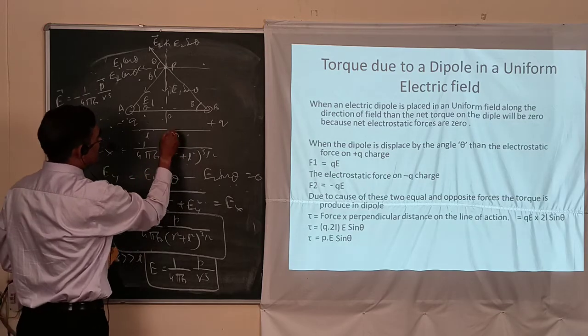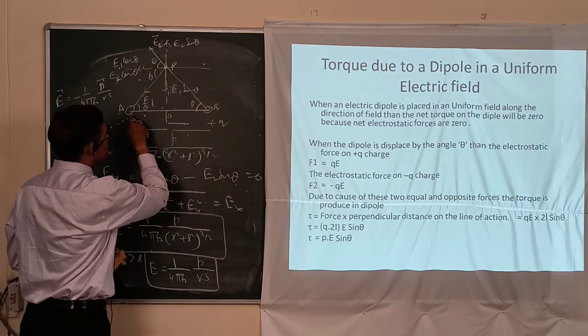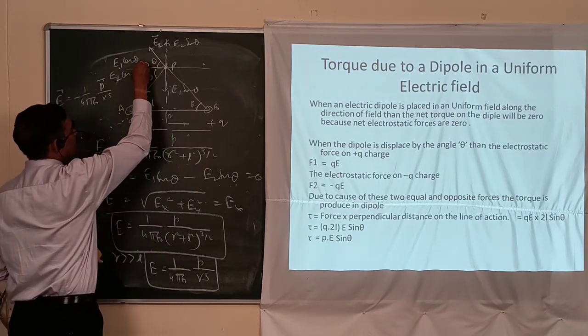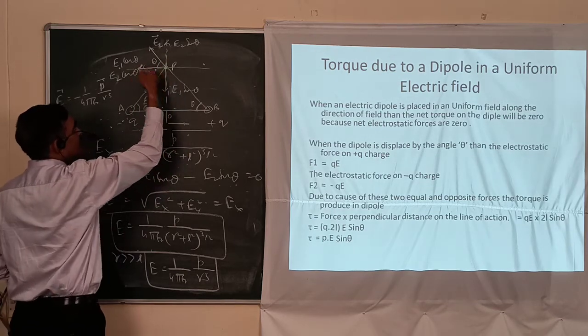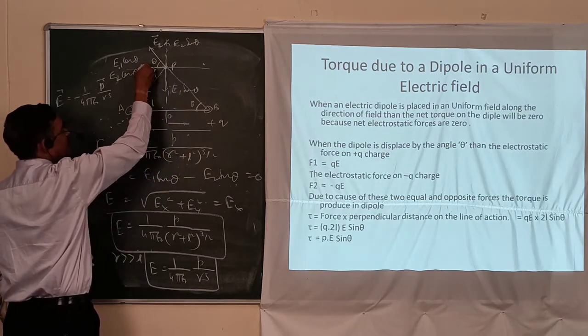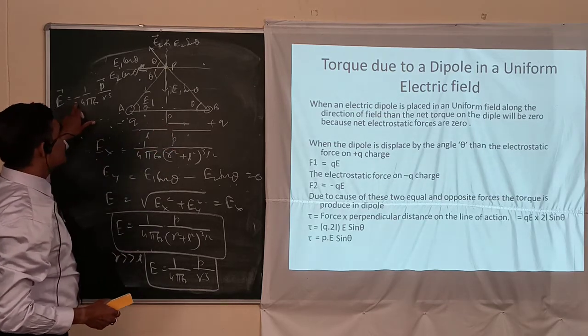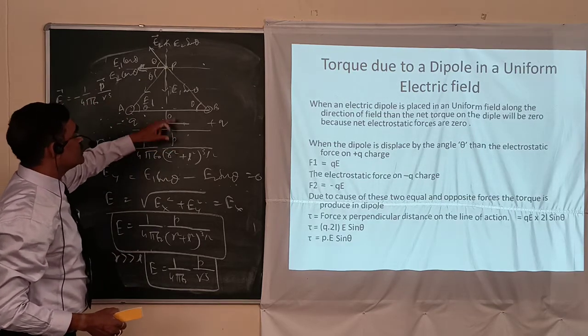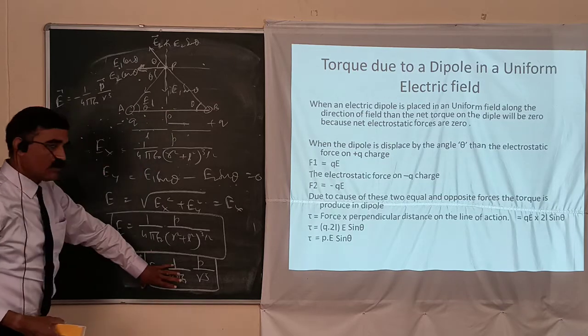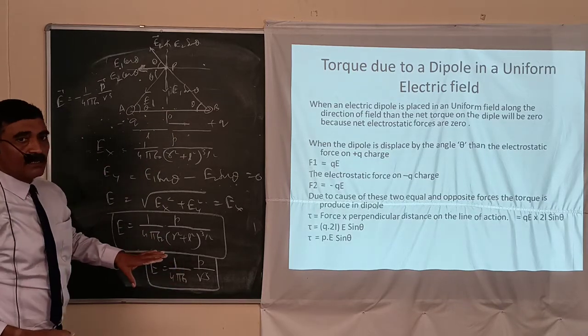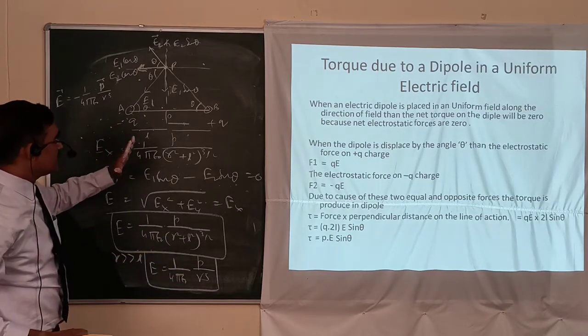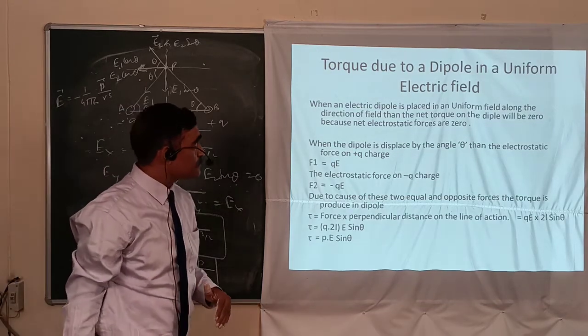Now you can see that the direction of P is from negative to positive and the direction of net electric field is this, because these two cancelled, so these two added up, the net electric field will be along this direction, which is opposite to the P. So the negative sign will be here because E and P are in opposite direction. So this is the magnitude of electric field at the equatorial line, and the direction is opposite to the P.